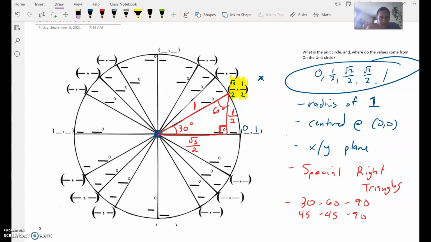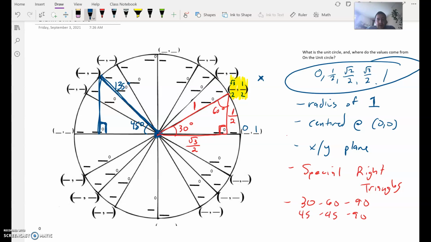So what else? Let's draw another one, but let's draw it over here. Let's draw this one. Okay, this is in quadrant 2. This angle is a 135-degree angle, but when we form the triangle, it's a 45-degree reference angle.